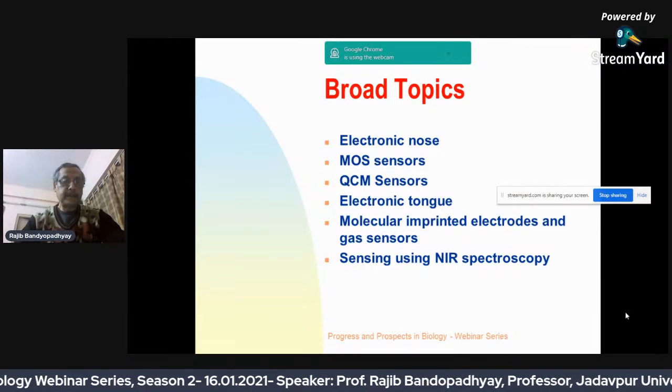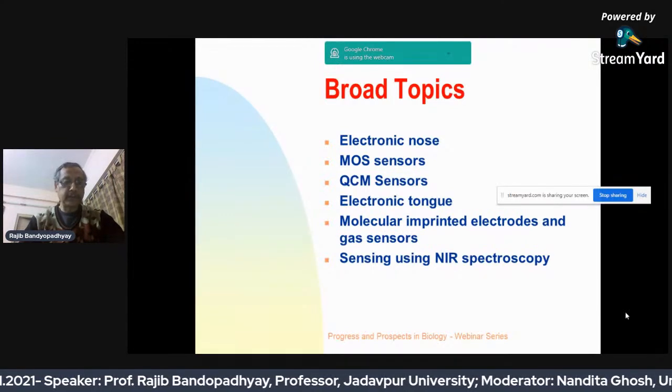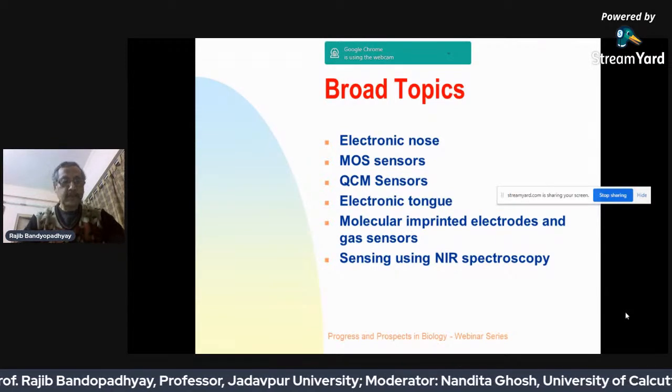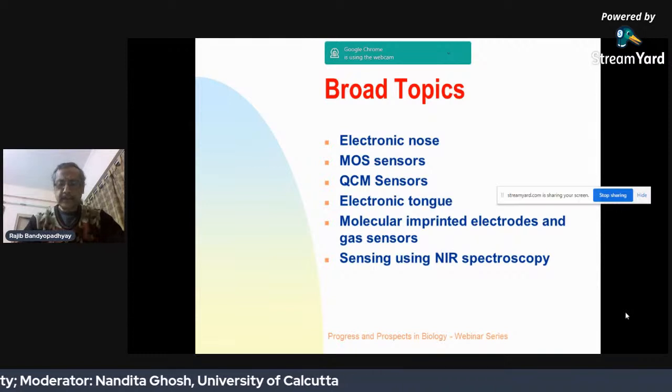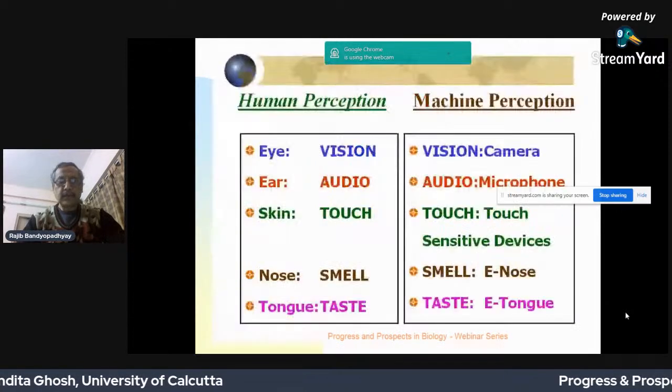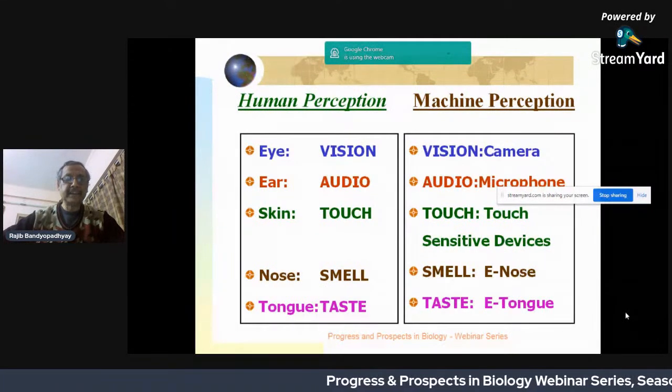Then we have developed an electronic tongue and other types of sensors, and now we are also exploring spectroscopic sensors for deployment in the field.